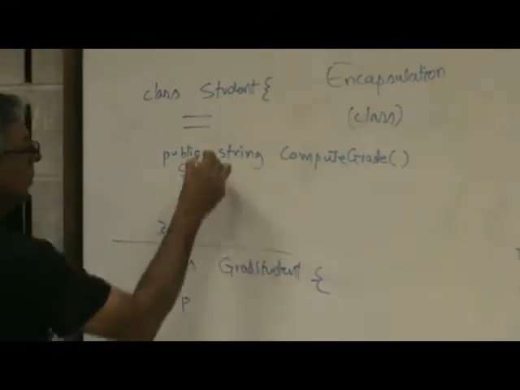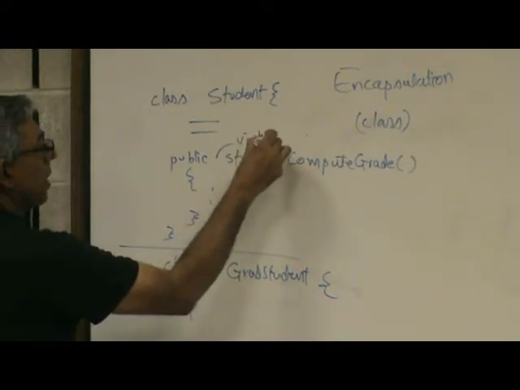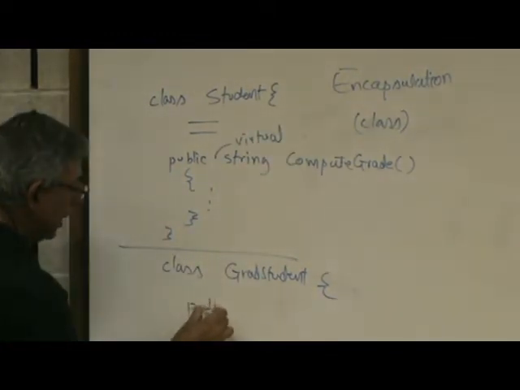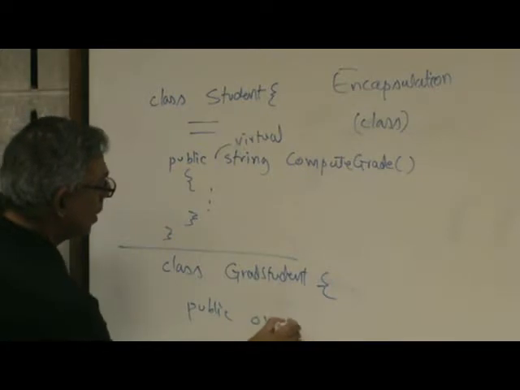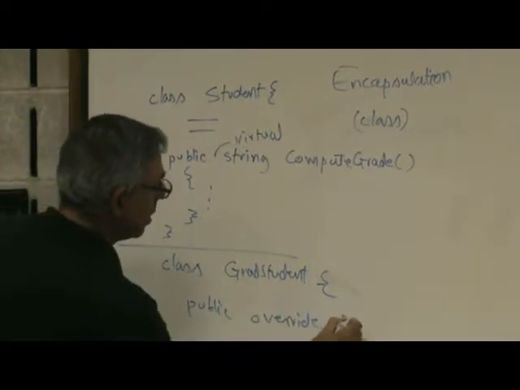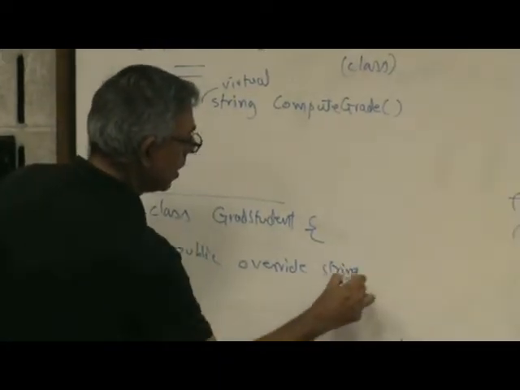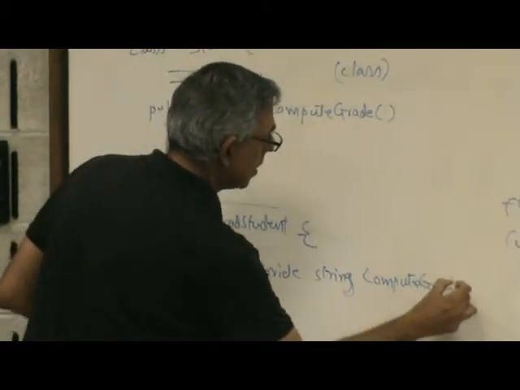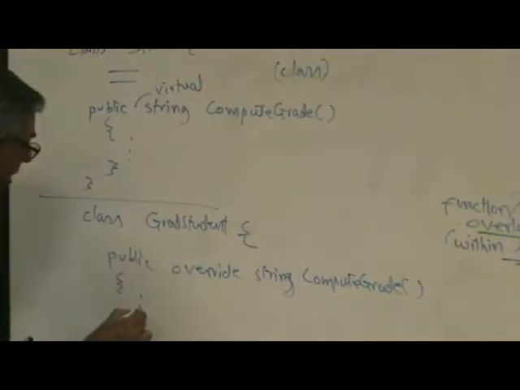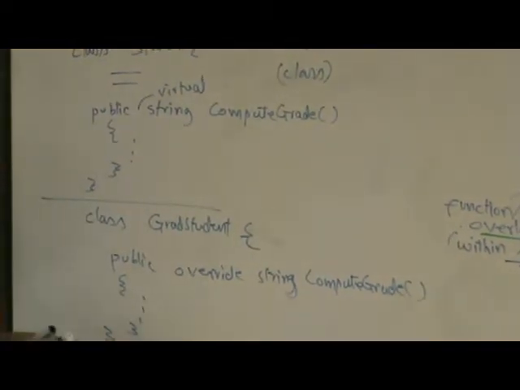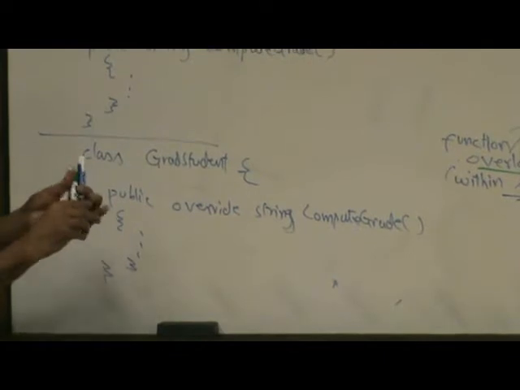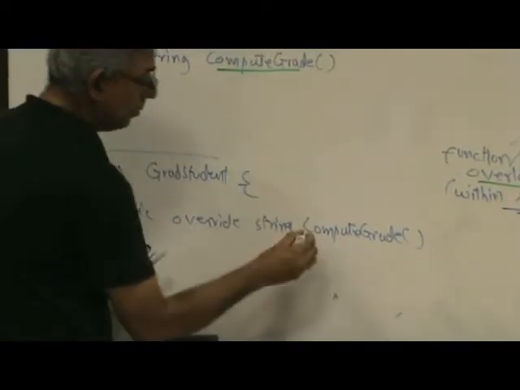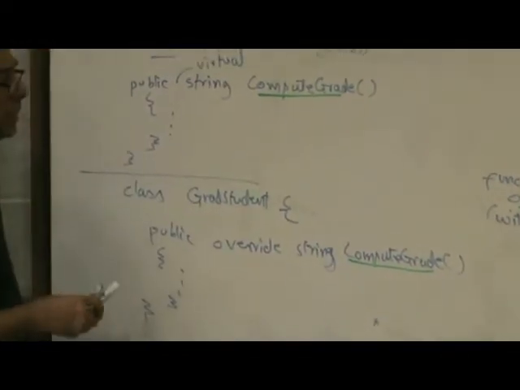And over here, we mark it virtual in the base class. We do public override string computeGrade. So now take a look over here. There's a computeGrade over here. There's a computeGrade over here.